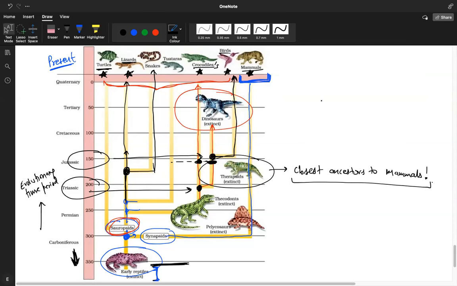And then the next point: the amphibians evolved into reptiles around 300 to 350 million years ago.